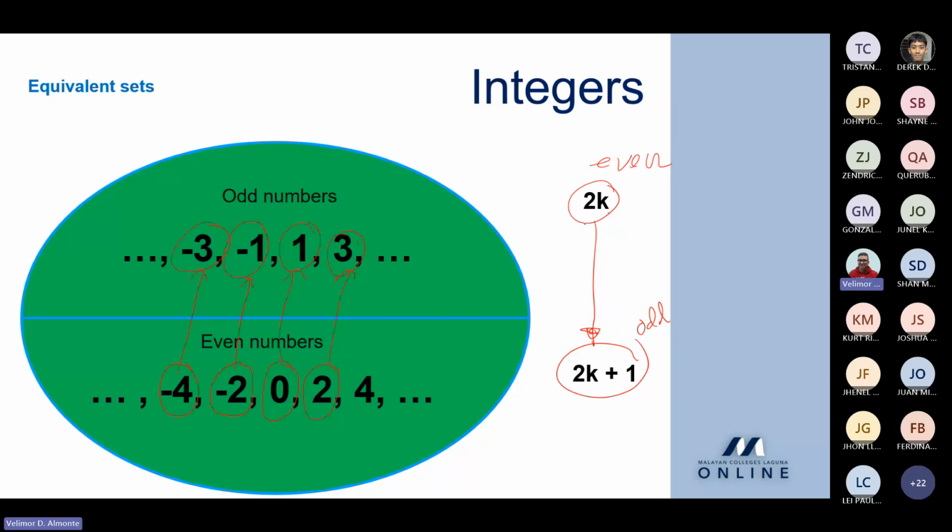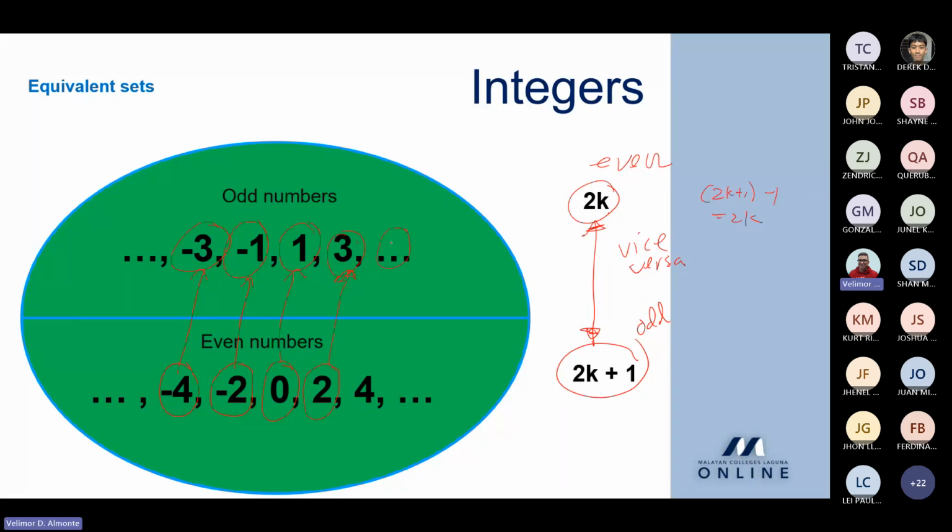And that is reversible, vice versa, correct? So if I have an odd number, I can start with odd minus 1. So 2k plus 1 minus 1 is equal to 2k. So every 2k plus 1 minus 1 is even.